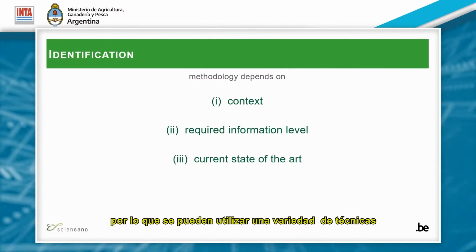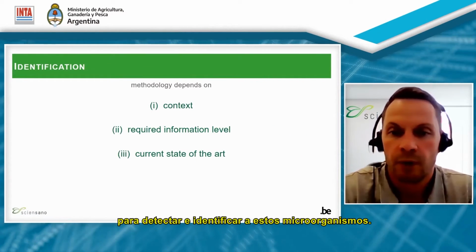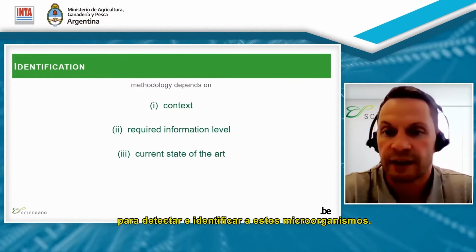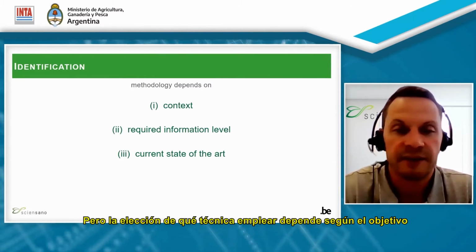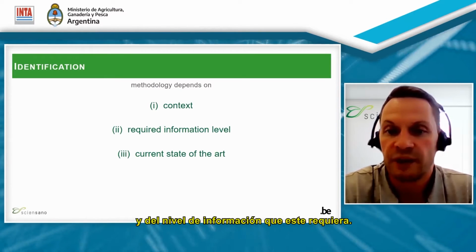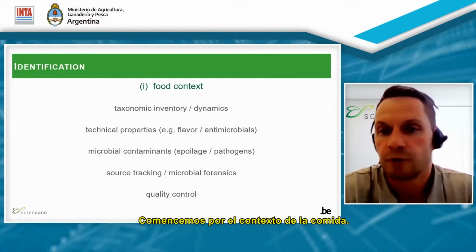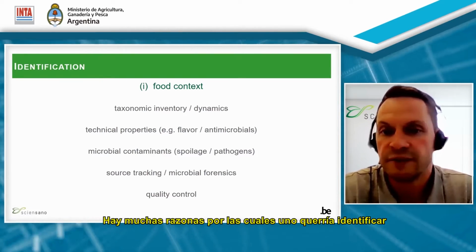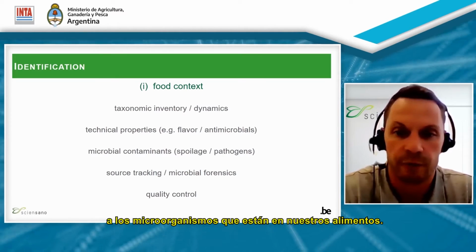So, to detect and identify these microorganisms in our food, we can use a variety of techniques, but the choice of technique depends on the actual goal and the information level required. Let's start from the food context. There are many reasons why we want to identify the microorganisms present in our food.